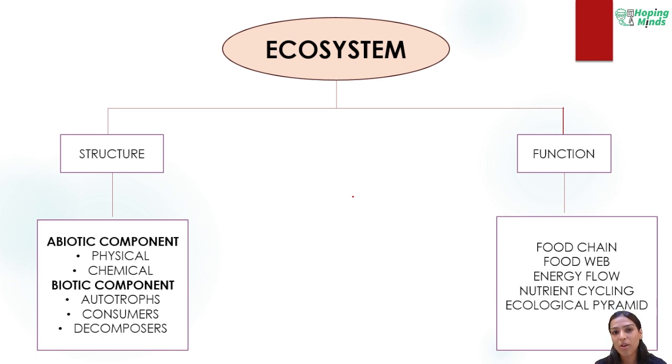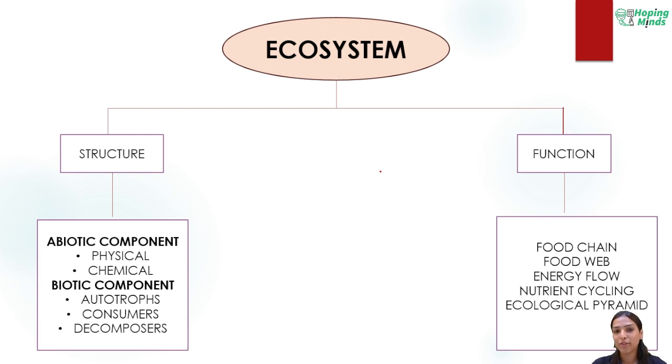So the abiotic components of an ecosystem could be physical, could be chemical. The structural part of the ecosystem comprises abiotic components and biotic components. All living things comprise the biotic components and all the non-living things form a part of the abiotic component. We shall be studying these components in detail today.